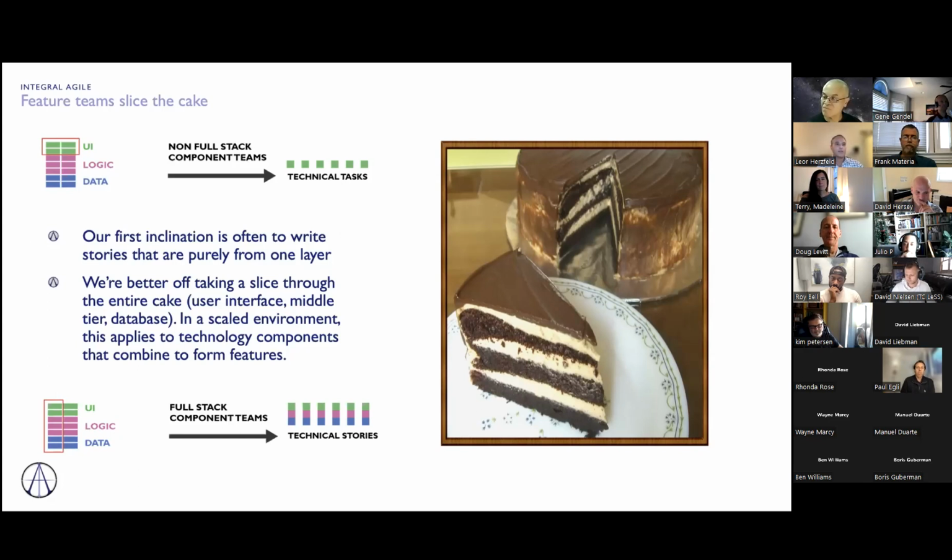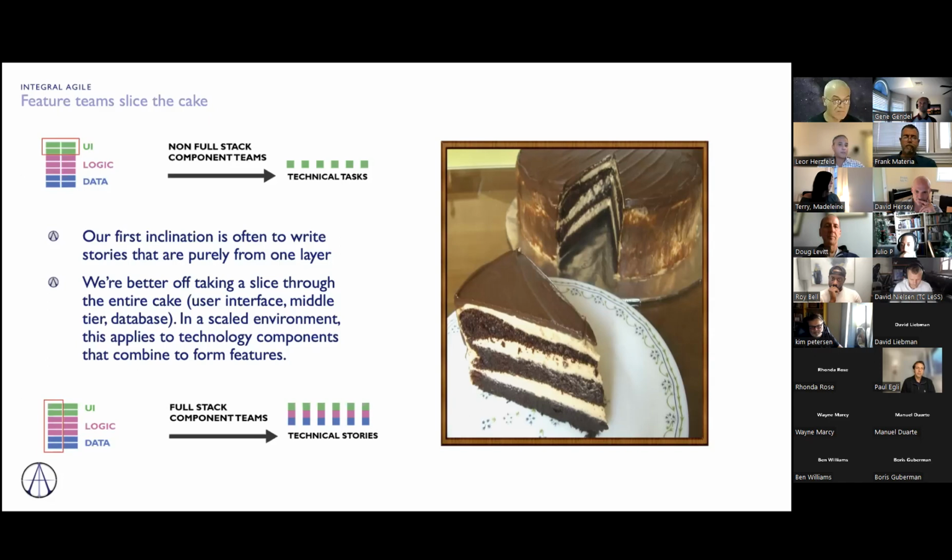In the typical adage, the top layer is the user interface, and the bottom layer is your data where all the information exists. Then there's some logic that takes place between the user interface and the data; something has to happen in order for the data to be transformed and do what the user's looking for.